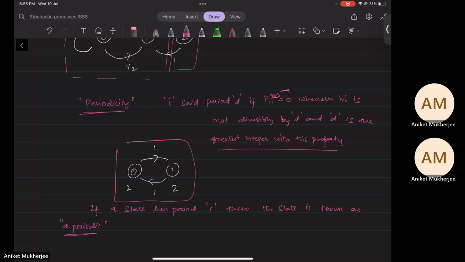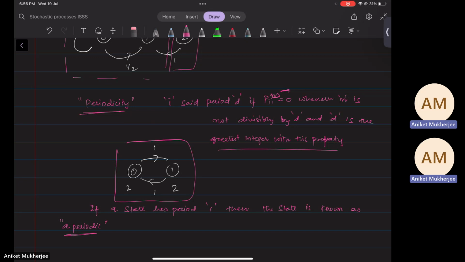So the proof for periodicity being a class property we'll see in the next class. Also recurrent and transient states, and how they relate to communicating classes, we'll see in the next class.